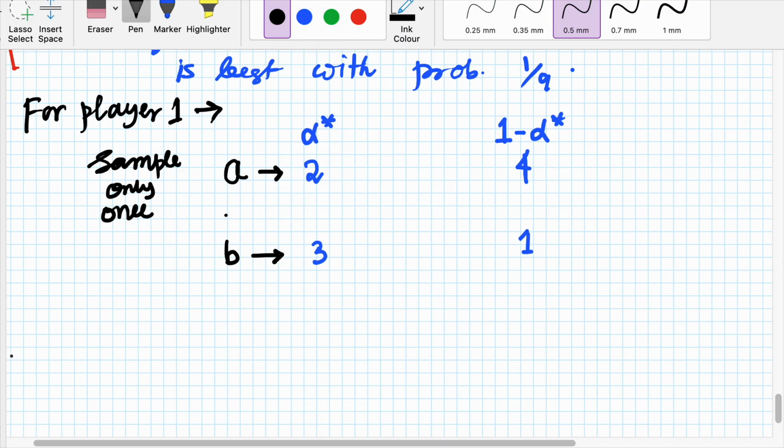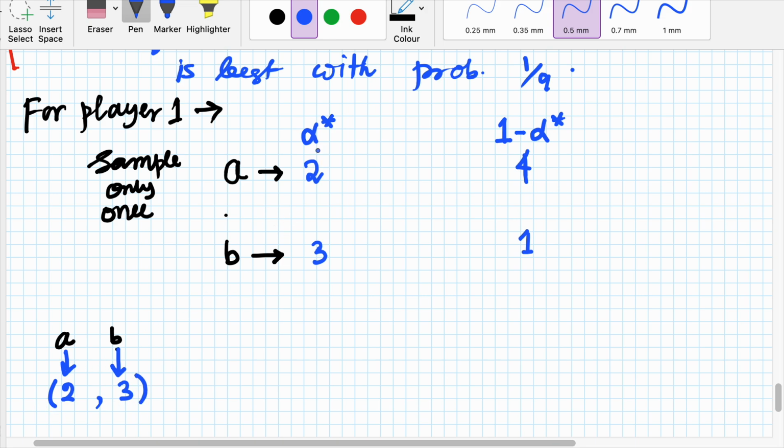So in the sample space it may happen that when she samples A, it realizes outcome 2, and when she samples B, it realizes outcome 3. So 2 comma 3, and with which probability may it happen?